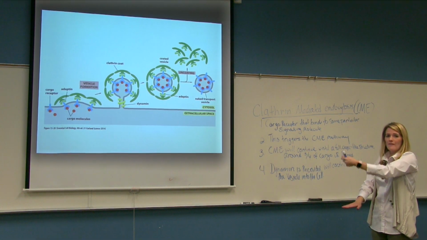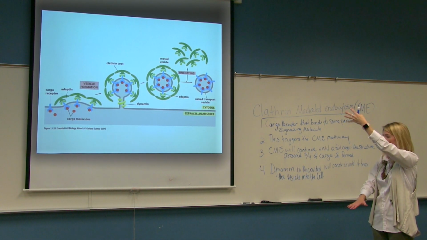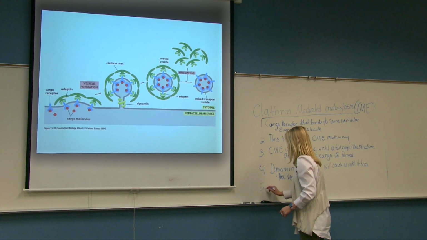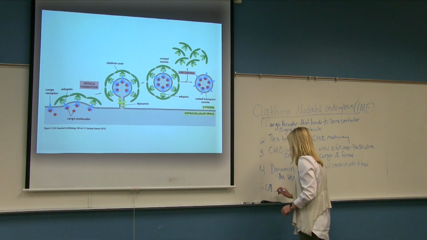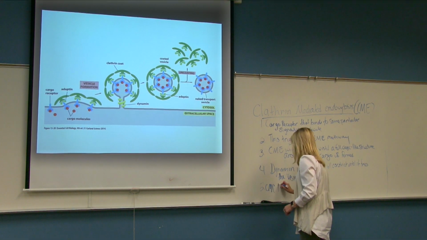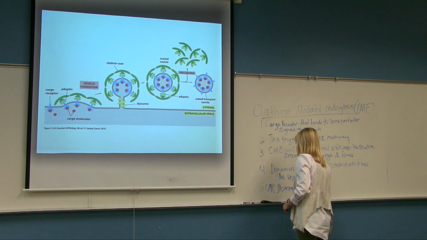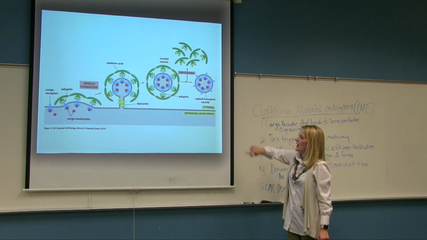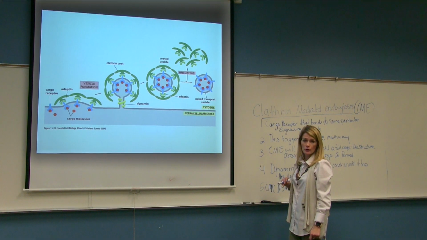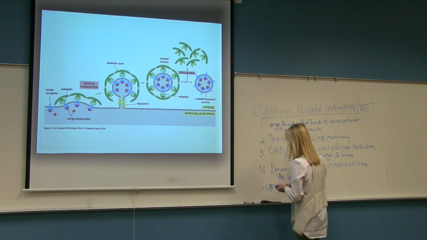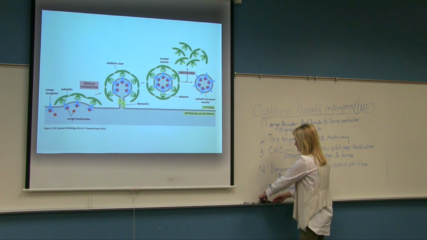And what we have is now our internalized cargo. The very final step is the clathrin coat disassembles. And again, now we have brought in our cargo transport molecules. We now have our cargo inside of the cell.